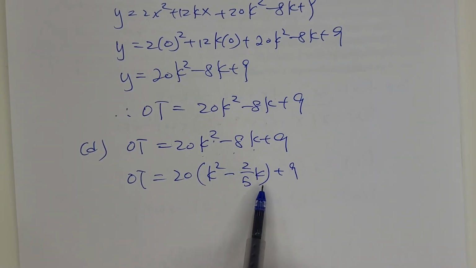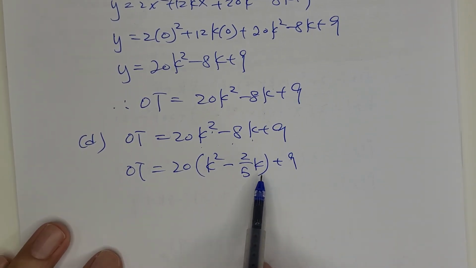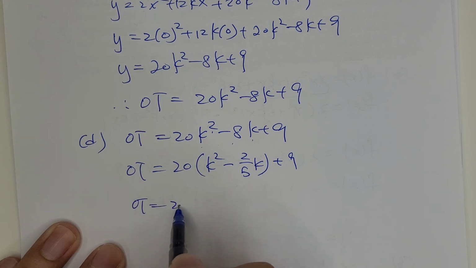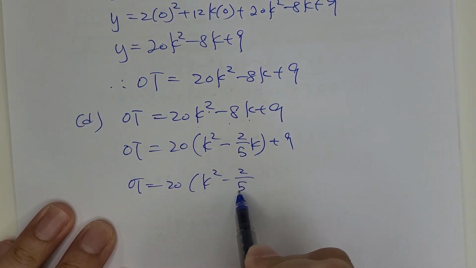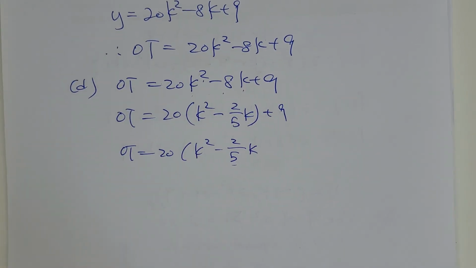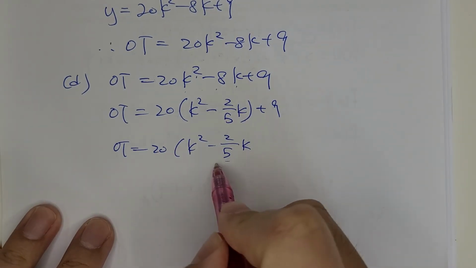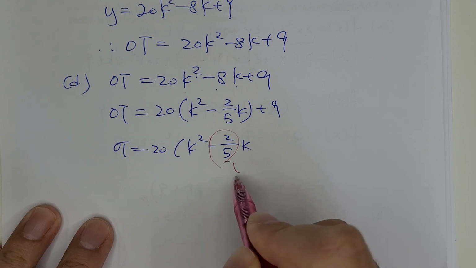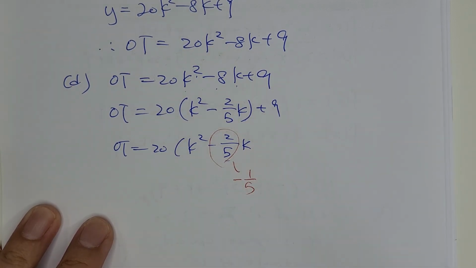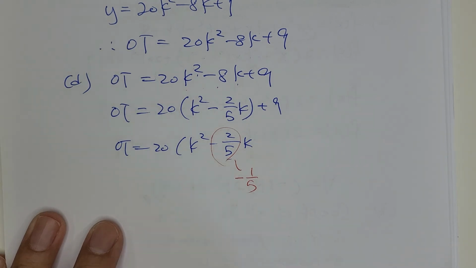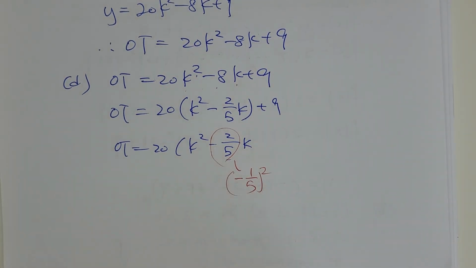And next, you need to add a term and then minus a term inside the bracket. So, how do we choose this number? You need to take the coefficient of k, divided by 2, that is negative 1 over 5, and then take the bracket square.